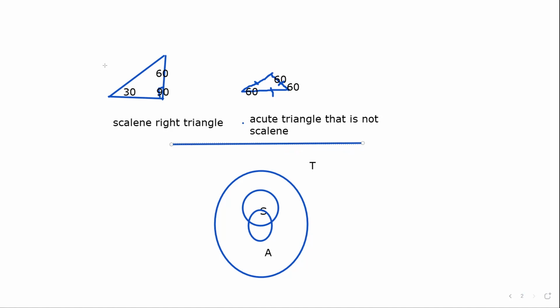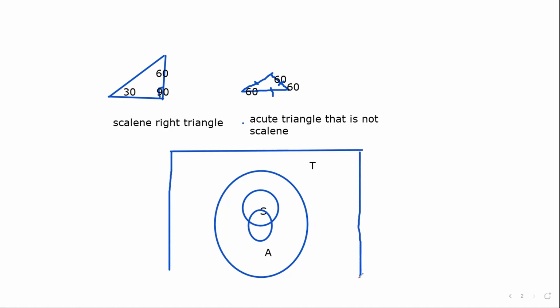I'm just trying to make it easy for you to visualize. So don't feel obligated to make it this large. But sometimes when you make the tiniest Venn diagram and try to explain it, then it doesn't work well.